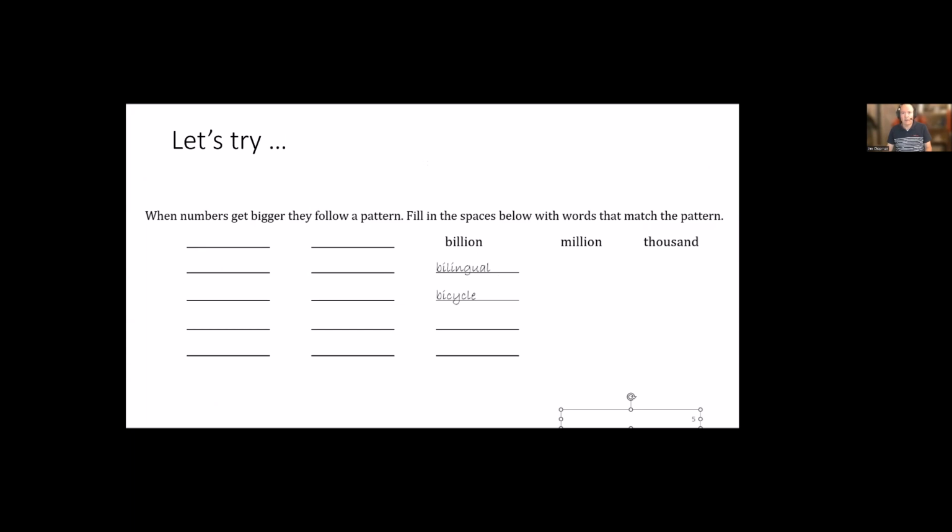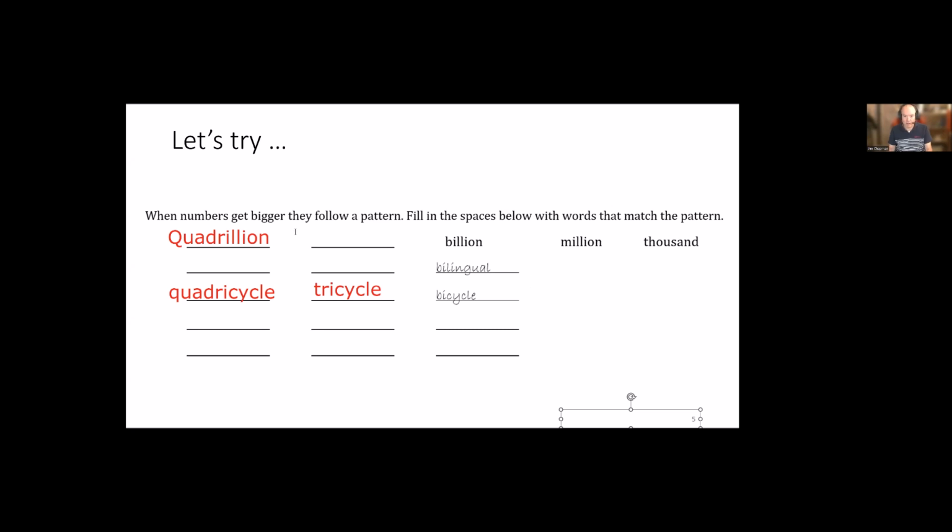I'll go ahead and fill this in now so that we can just complete this activity. So quadricycle, and then we have tricycle. Okay. So if that's the pattern, and we already know that this is quadrillion, and then we know that this is trillion.